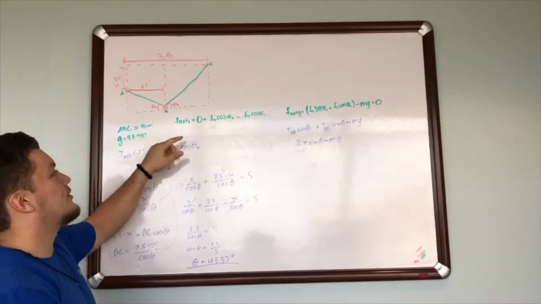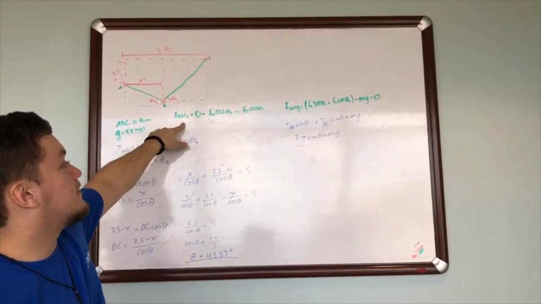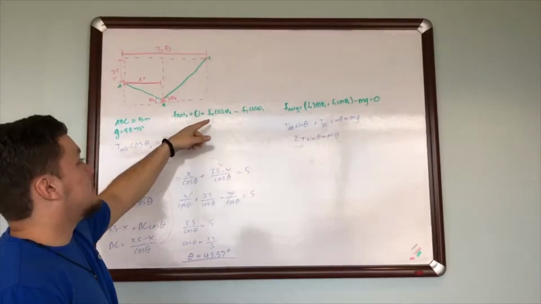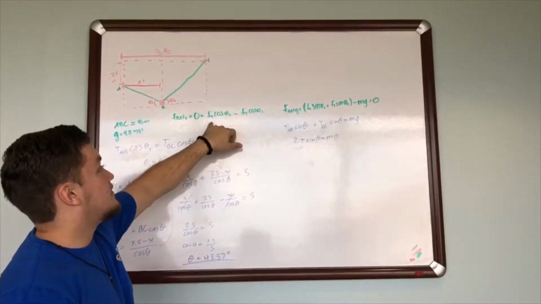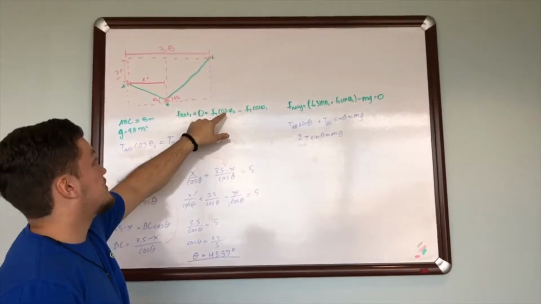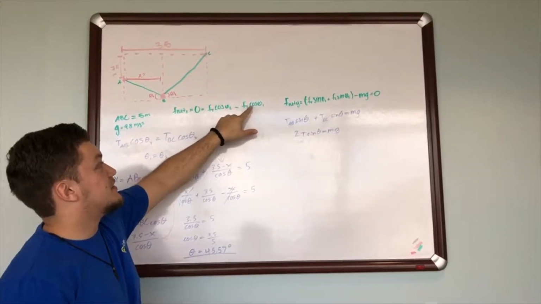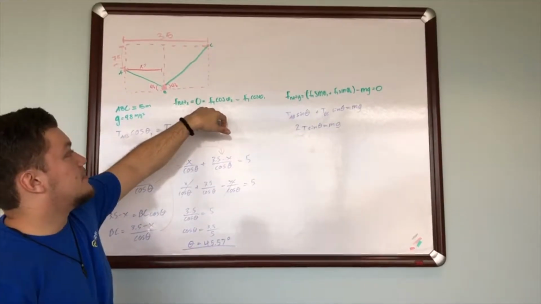Okay, so now that we have our F net equations, the x component and the y component, now we can solve for the F of x to find the angle. Here we have the force of tension times cosine of this angle minus the force of tension times cosine of this angle, and that should all be 0.